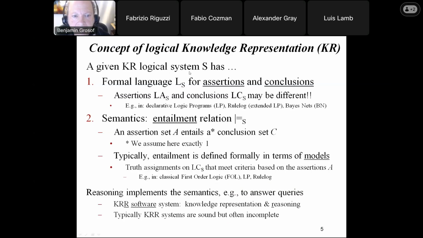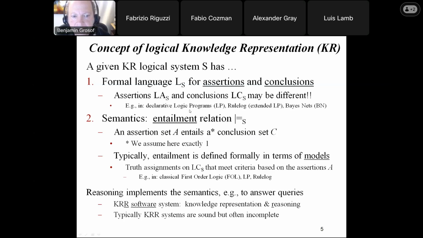We talk about a given logical system having both a formal language and so-called semantics. The formal language actually has 2 parts, one for assertions and one for conclusions. And unlike in classical mathematical logic, those 2 formal languages of permitted syntactic expressions may be different for the conclusions than they are for the assertions.